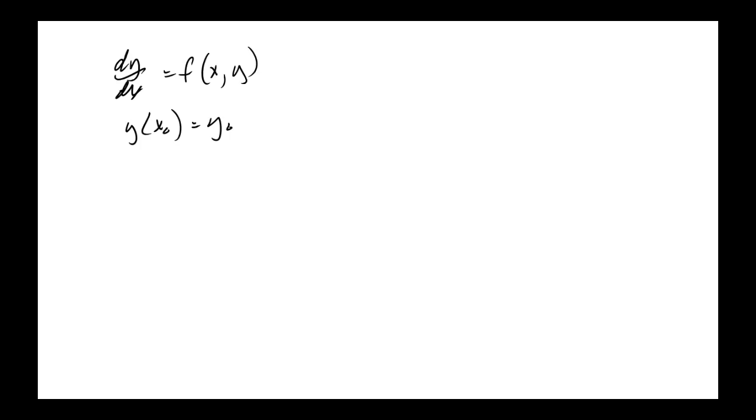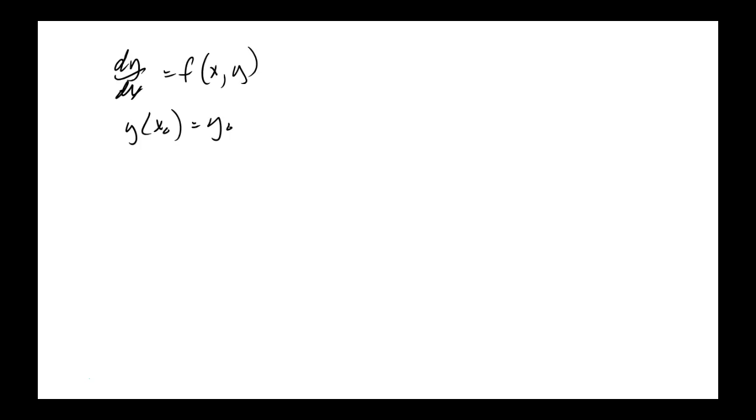But you do know that at x equals 0, at x sub 0, the value here is y sub 0. So that one's out, that one's out, this one's out, that one's out. This is the only one that gives you that value. So this you know is your solution. The others may have solved the equation, but they didn't match the initial condition. So your initial condition pins it down, fixes it.